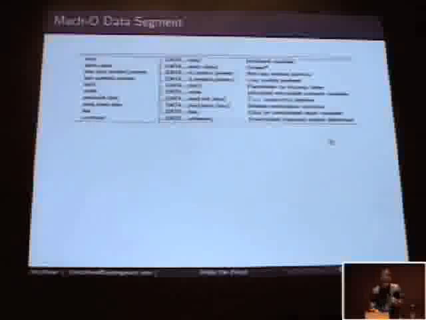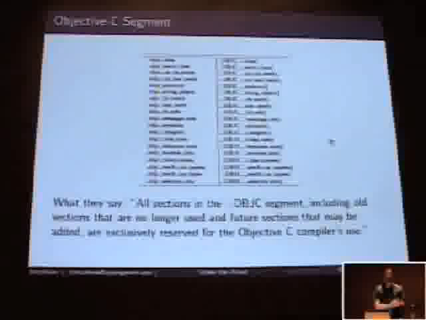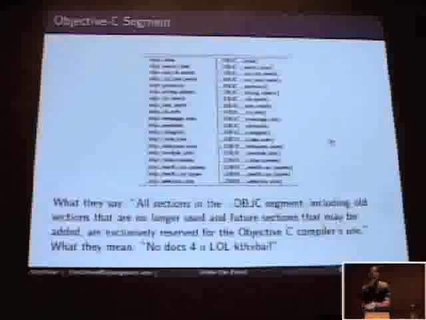Then you've got the data segment, standard data segment. I'm not going to waste a lot of time with this. Then you've got the Objective-C segment. This is where all the Objective-C metadata is stored, and in the NeXT and Apple guides, you get this statement, which basically says, we're not going to document it, so good luck, figure it out.